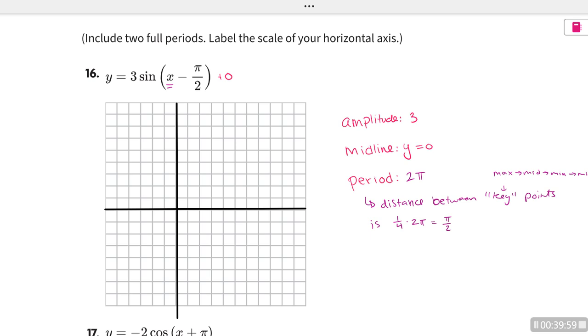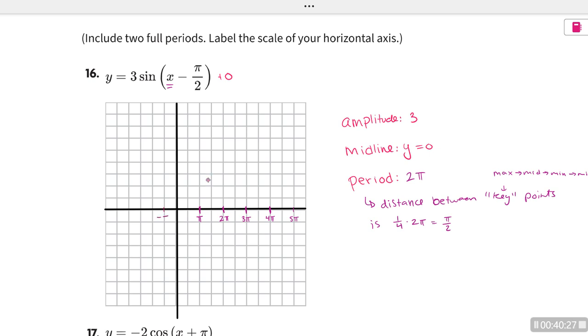So let's label our x-axis. We need to make sure we fit at least 2 full periods. So let's see, 1, 2, 3. If I count by those, that's only 1 period. So let's count: this is pi, 2 pi. That's going to be a full period. 3 pi, 4 pi. That's going to be 2 full periods. And then another half.